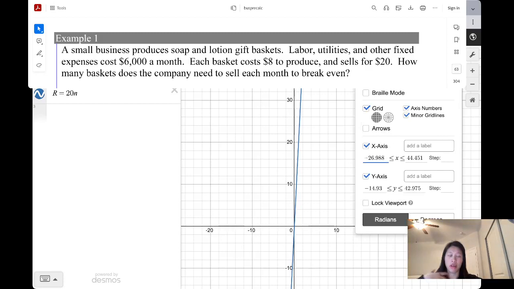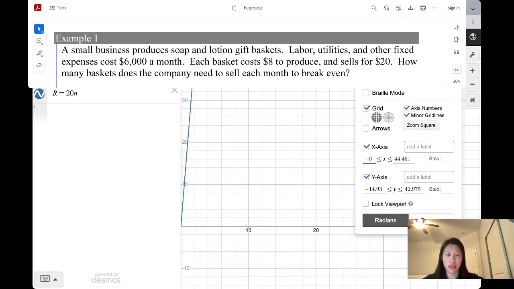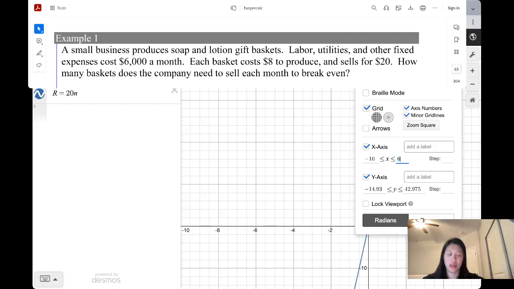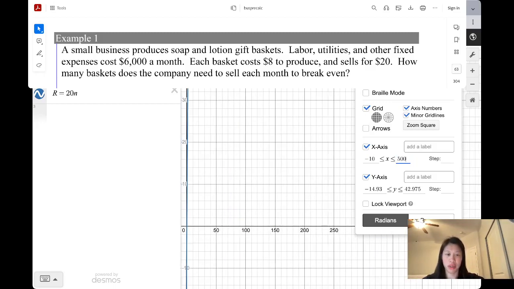So for the x-axis, does it make sense if we produce a negative number of baskets? This makes no sense, right? So we will set this as 0. Or if you want to see a little bit, you can set it as negative 10. But for the y-axis, since our cost is at least 6,000, we want to set a bigger number, maybe 5,500, something.